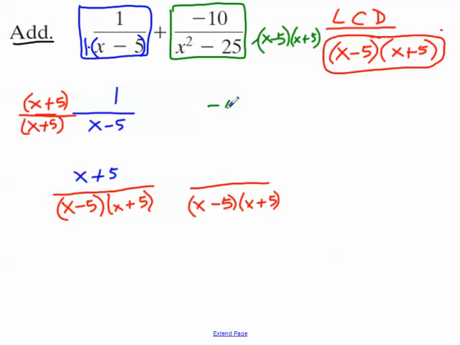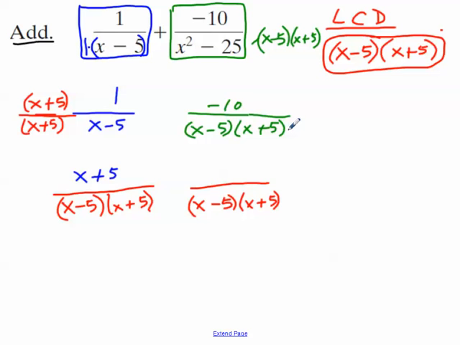We're going to write the green fraction, negative 10 over, in its factored form, negative 10 over x minus 5, x plus 5. And we say, what's missing in the denominator of my green fraction that's in the target lowest common denominator?